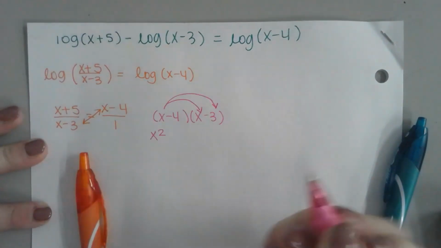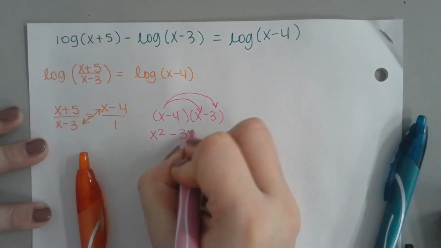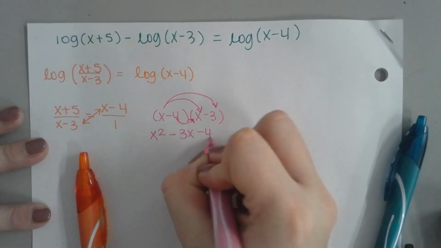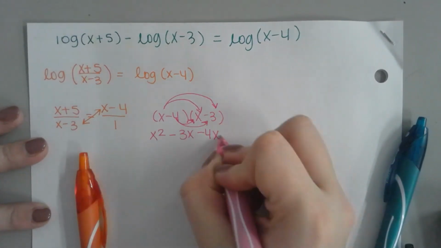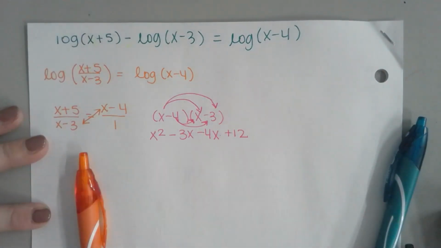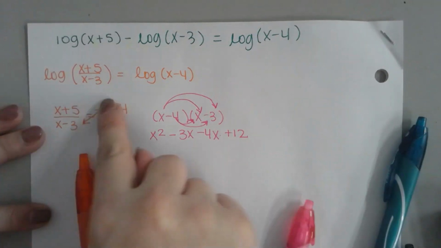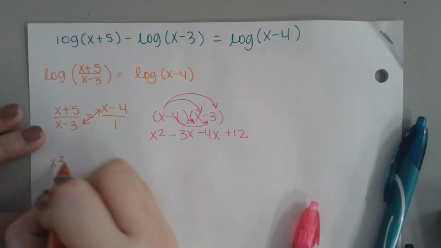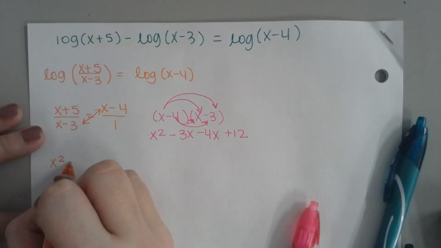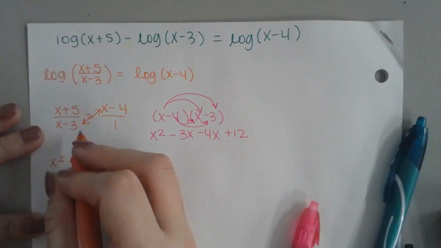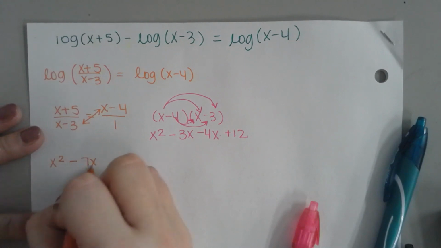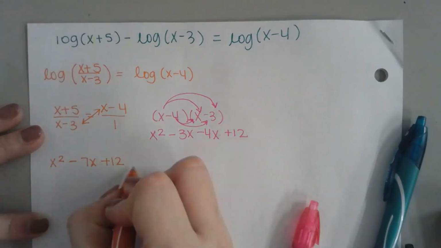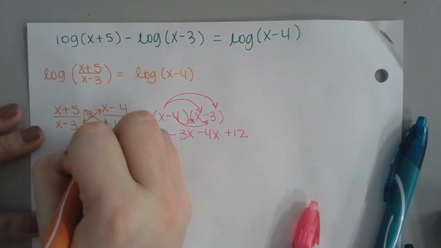X times negative 3 is negative 3x. Negative 4x plus 12. And so when I multiply these, I get x squared minus 7x plus 12 equals x plus 5.